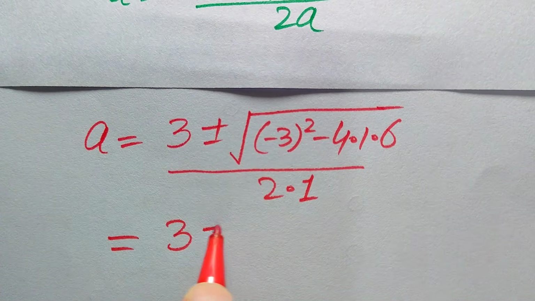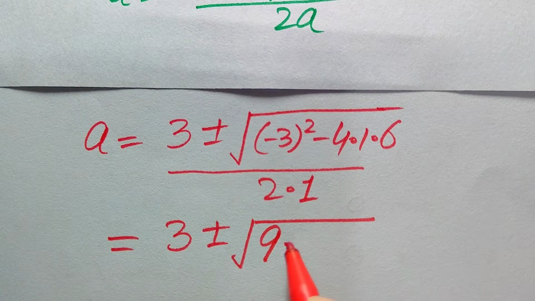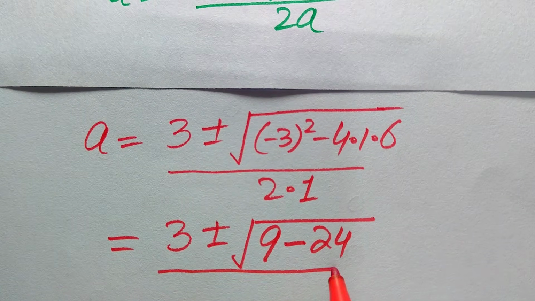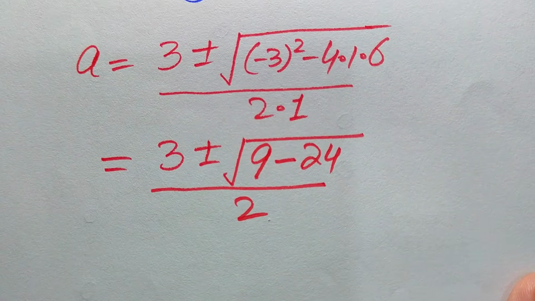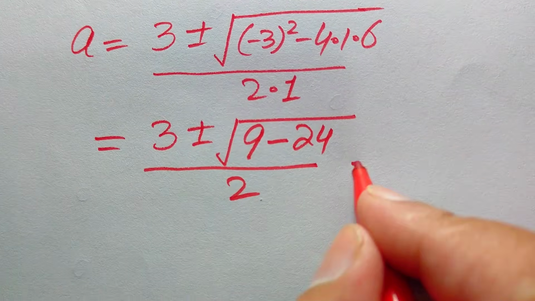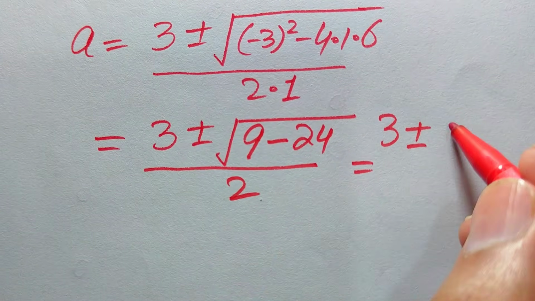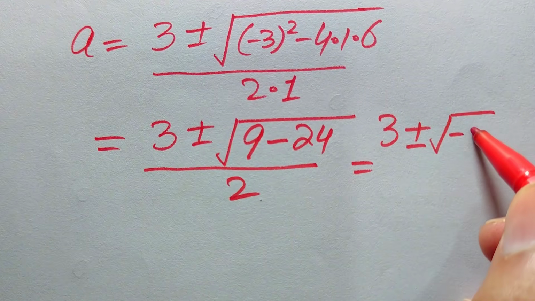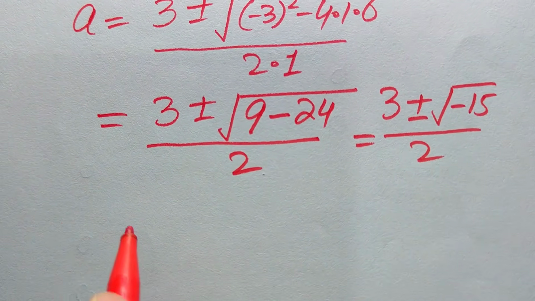In the next step, we have 3 plus minus square root of minus 3 squared becomes 9, and 4 times 6 becomes 24, divided by 2 times 1 equals 2. So in the next step, we focus on the square root term, and we get 3 plus minus the square root of 9 minus 24, which is minus 15, divided by 2.